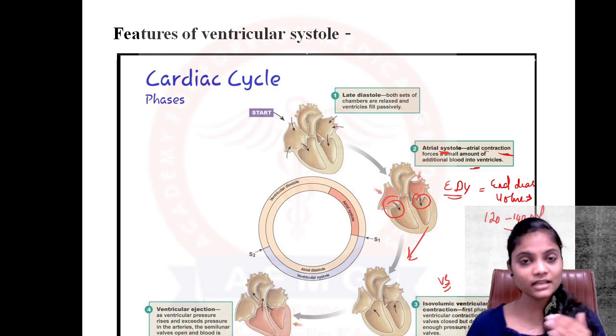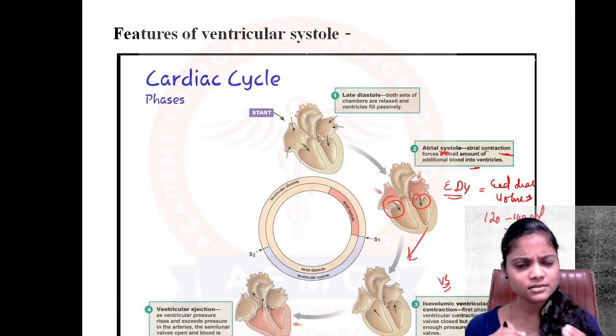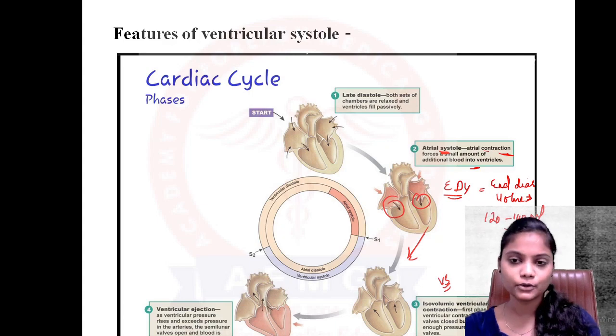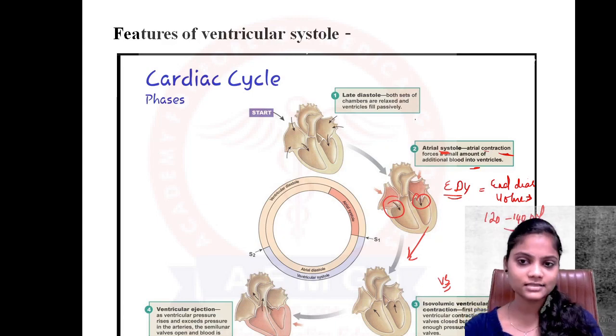Okay, if you have already read cardiac physiology, it would be easy for you, otherwise it would be somewhat difficult, but still it is easy. One is EDV, meaning the remaining blood in your ventricles after relaxation.